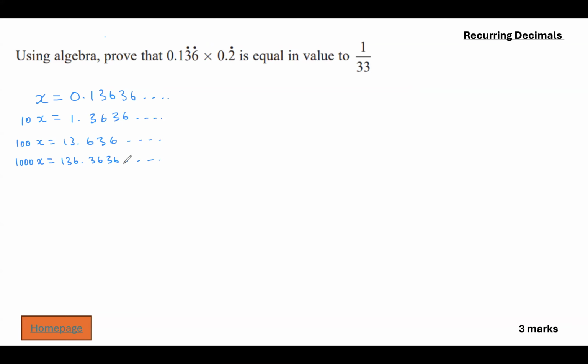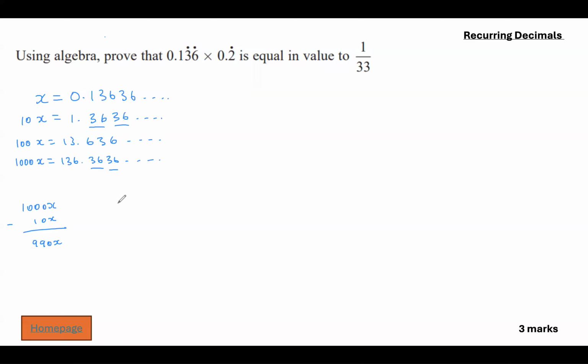So now we get 1,000x is equal to 136.3636. Okay, so now looking at it, it could potentially be this one and this one here. We've got 36, 36, 36, 36, and that pattern is going to continue. So what we can do is use equation number 2 and equation number 4 and subtract them from one another. So if I did 1,000x minus 10x, that leaves me with 990x.